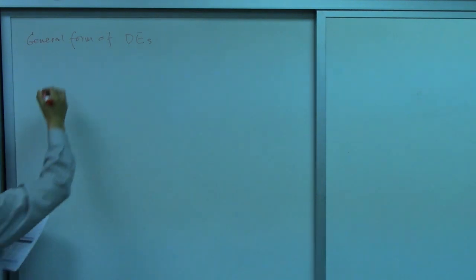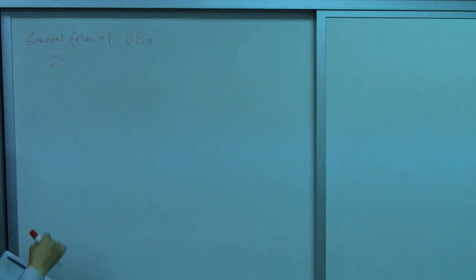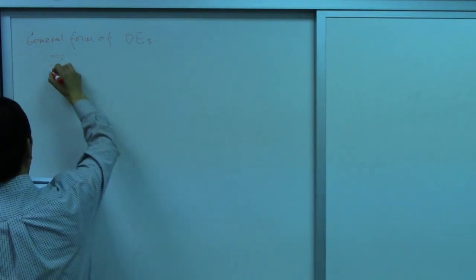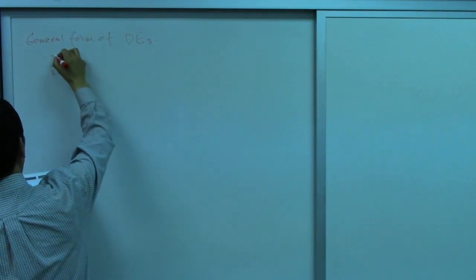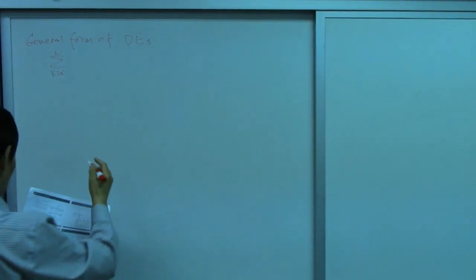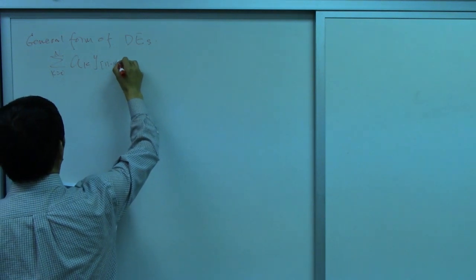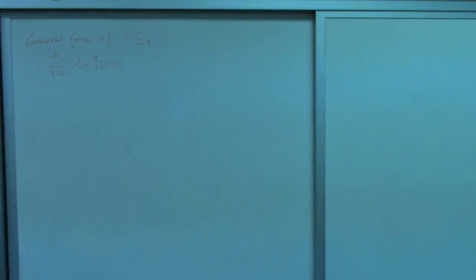We mentioned this before. On the left hand side, it is the linear combination of the output. So that will be k from 0 to N, which means this is the Nth order system. The sum of ak yn minus k, with k from 0 to capital N.